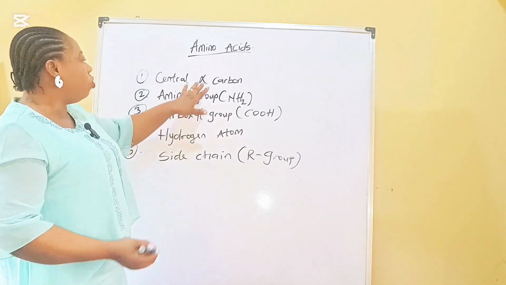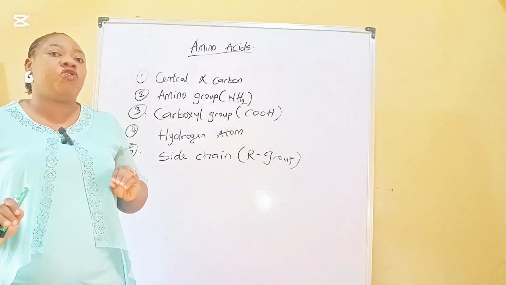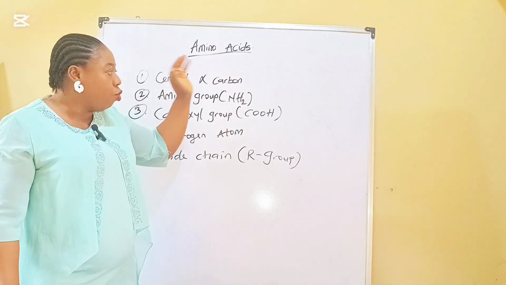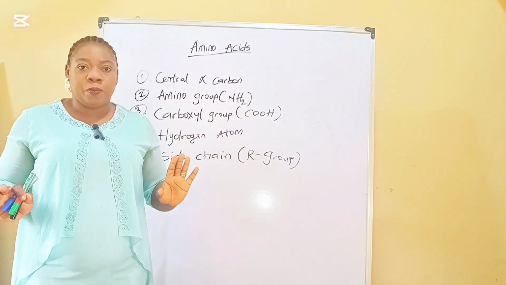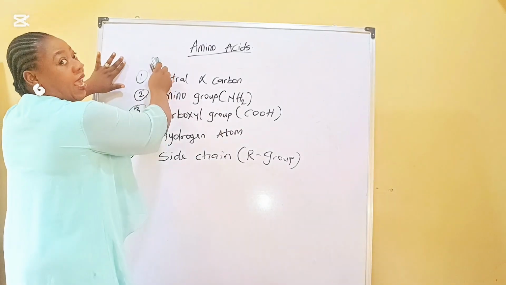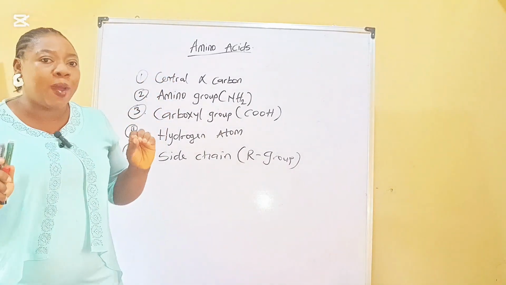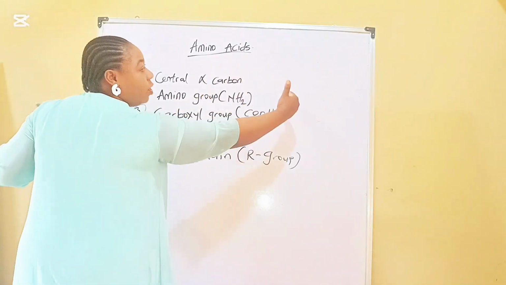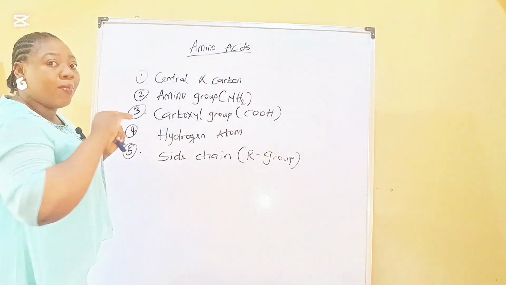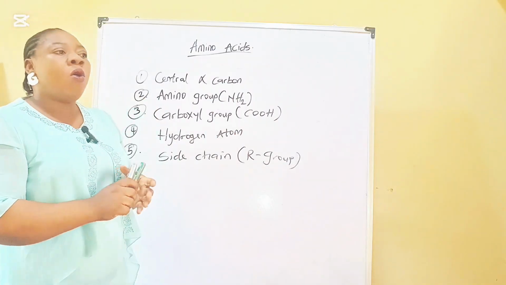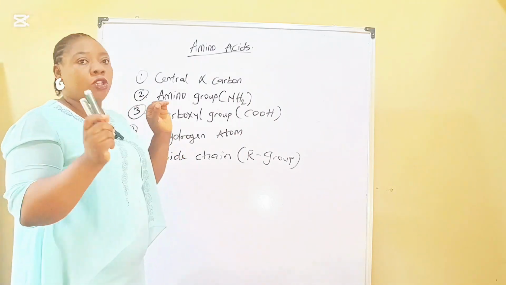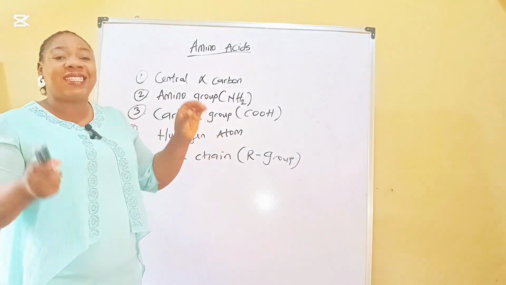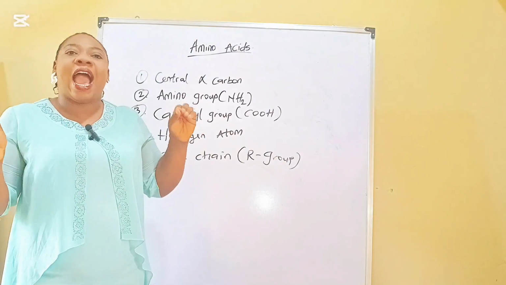This is usually at the center of the amino acid structure, followed by the amino group, which is the NH2, at the left side of your structure, followed by the carboxyl group, which is usually at the right side of your structure when you are drawing your amino acid structure. Then the hydrogen atom. Lastly, the side chain, which is the R group.